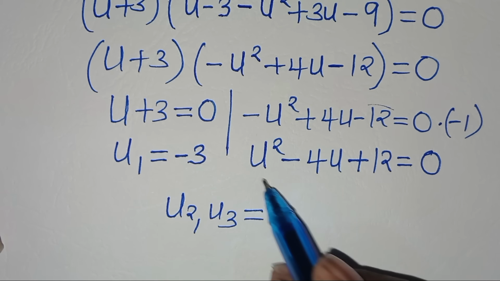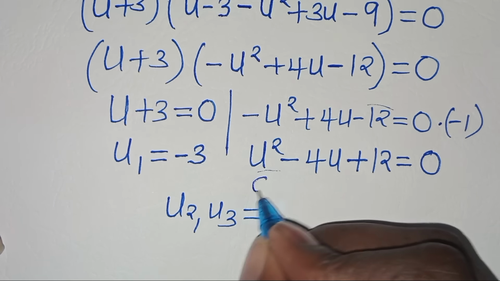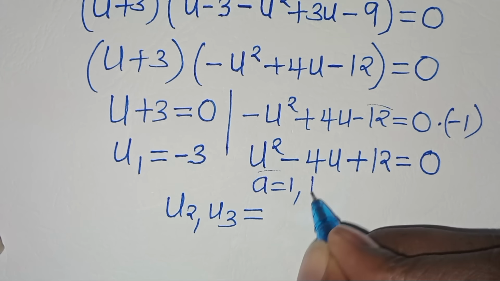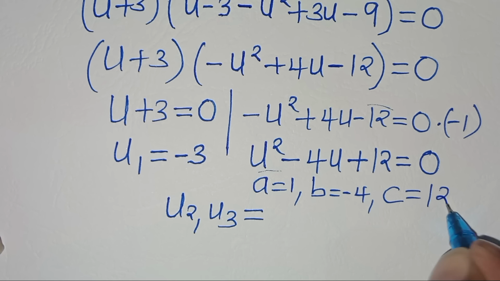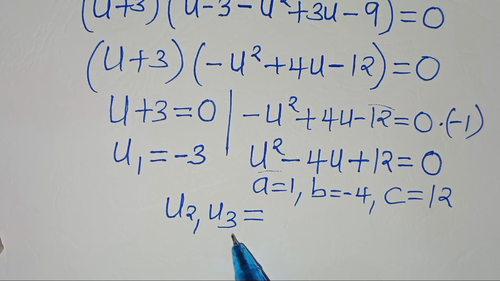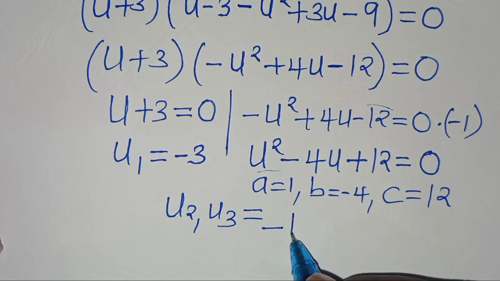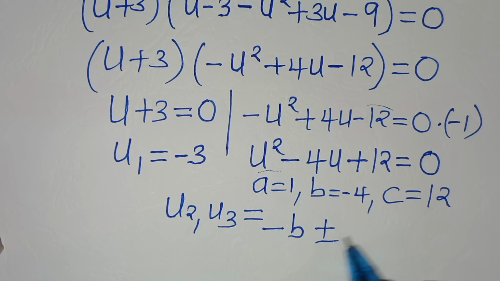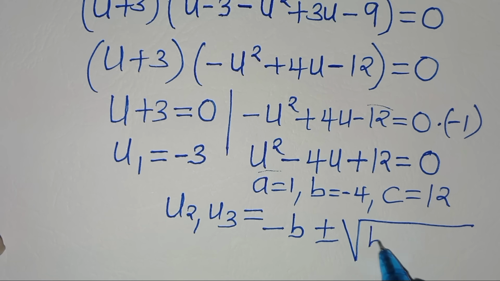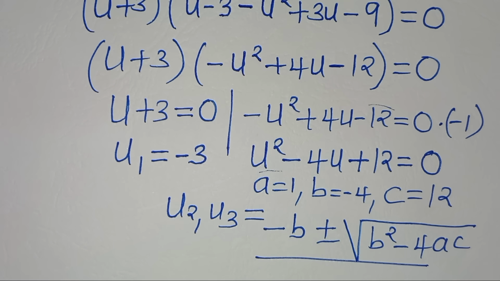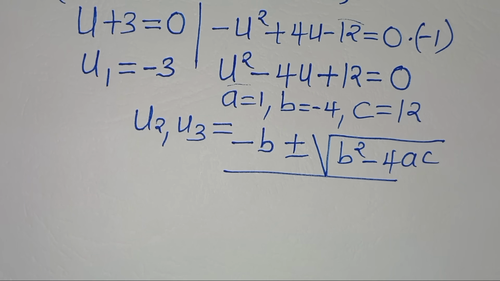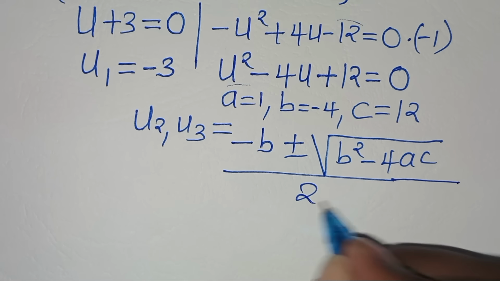From this quadratic equation, we have a is equal to 1, b is equal to negative 4, and c is equal to 12. So we can solve for u2, comma u3 by applying the quadratic formula here, which is negative b plus or minus the square root of b squared minus 4ac, everything here divided by 2 times a.